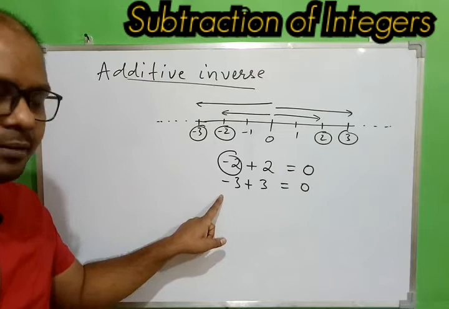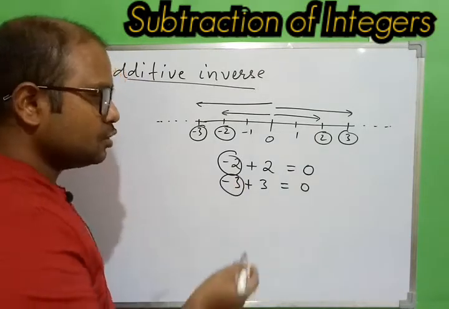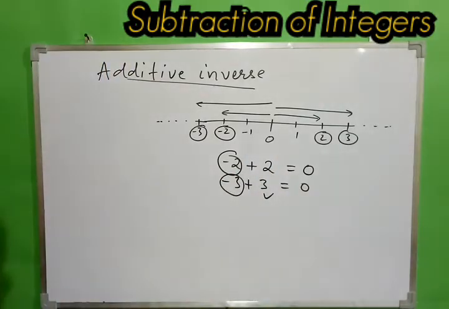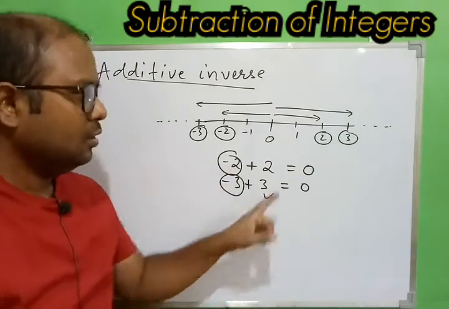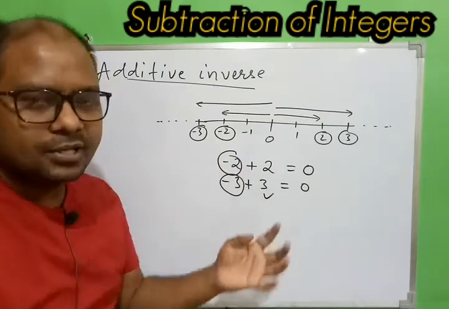Same here we have -3 and 3. So we can say -3 is the additive inverse of 3, or 3 is the additive inverse of -3. It means if you have two integers which are added together to give you 0, in that case these two numbers are additive inverse of each other.